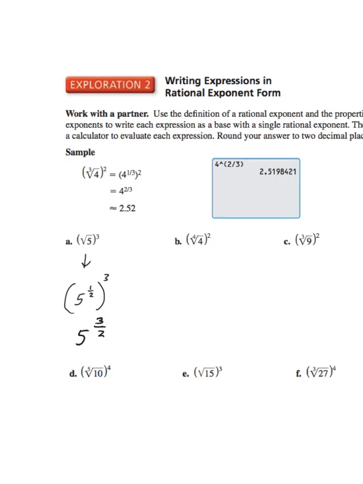So B is 4 to the 1/4 power, squared, which equals 4 to the 2/4, which is 4 to the 1/2, which is really the square root of 4, right? So what does that equal? 2. It just equals 2 at the end, right? Weird, huh? Okay, I'm going to pause it while you guys work.